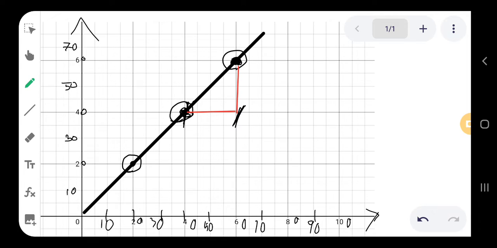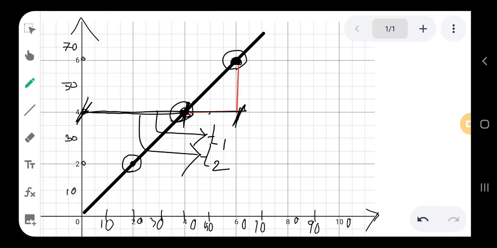Can we suppose this time, from this to this, is t2, and this to this is t1?